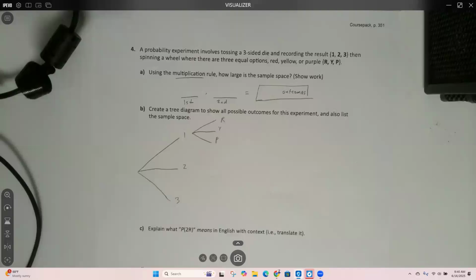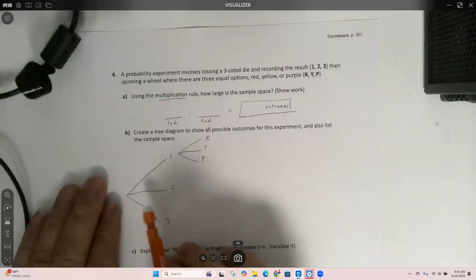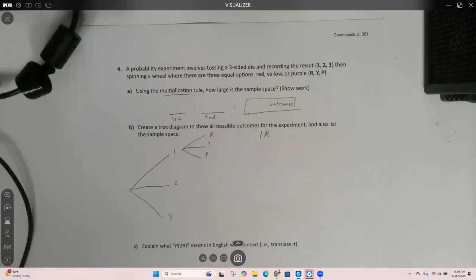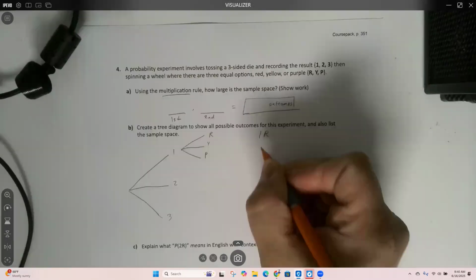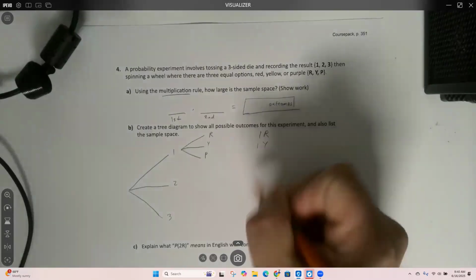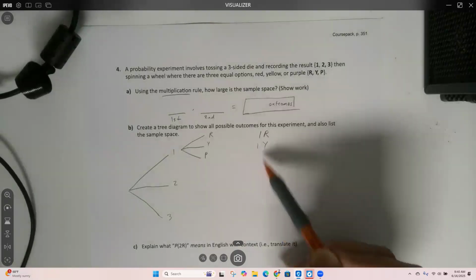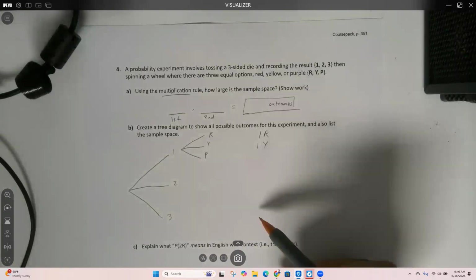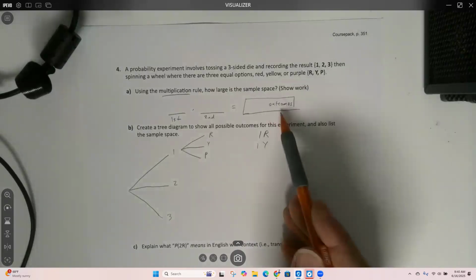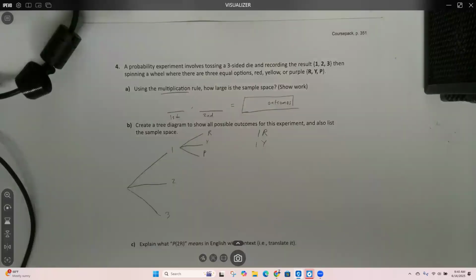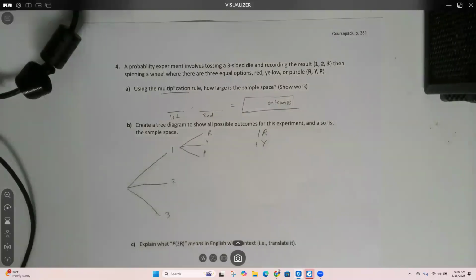So this first one here, 1R, is I rolled a one and I spun a red. One Y and so on. That's the tree diagram. The number of things you have in your sample space should be the same as this total number of outcomes you have up here. That's what the outcomes are doing. They're counting the sample space.